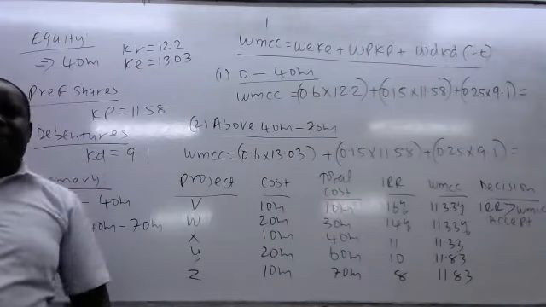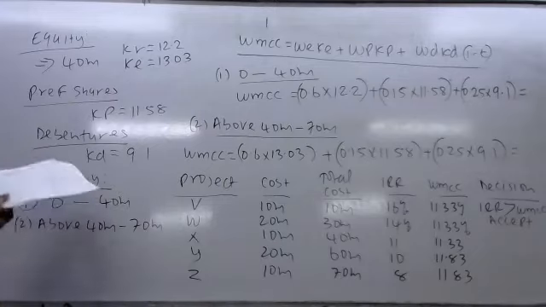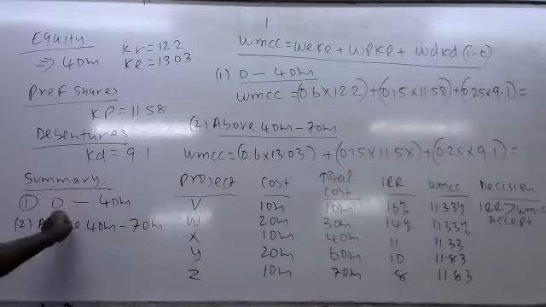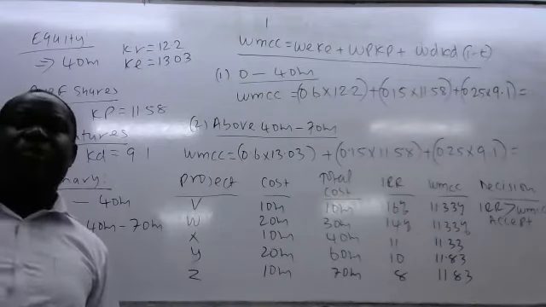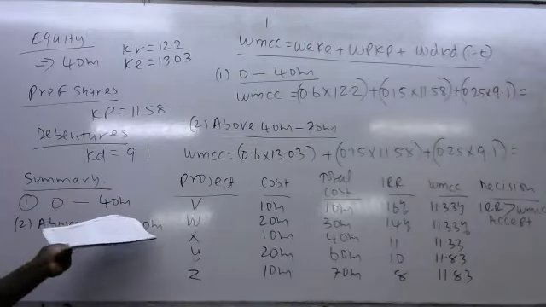Then for the preference shares, we computed the cost for the preference share. It had no breakpoint. We also computed the cost of the debenture, which also had no breakpoint. So when you are calculating WMCC, the range normally starts from 0 to the lowest breakpoint. This question had only one breakpoint, which was how much? The 40 million. That's why we have 0 to 40 million.